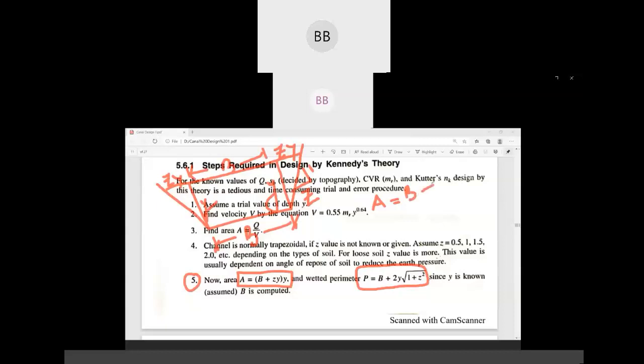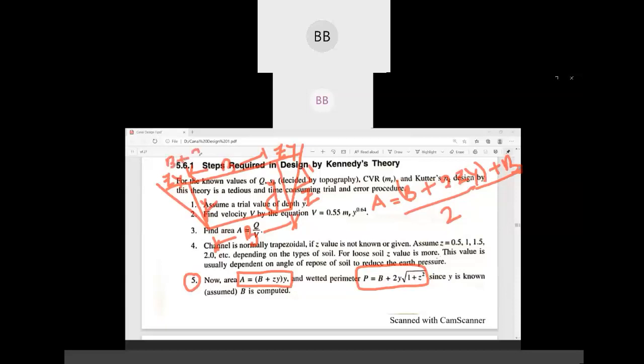Okay, b is the bottom of the channel, and your top width is nothing but b plus twice zy.